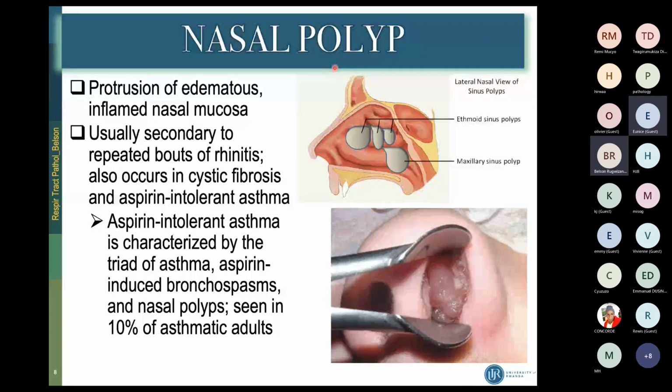So bilateral nasal polyps usually allergic and or inflammatory polyps. So on histology, we usually find eosinophils, many eosinophils, some plasma cells, edema because of the inflammation, and the eosinophils referring to the allergy. While other polyps, usually they are tumors.